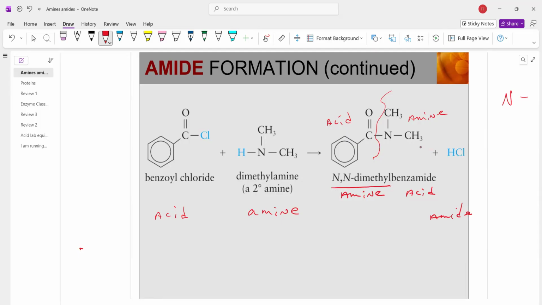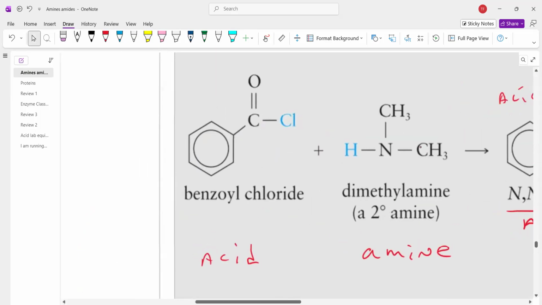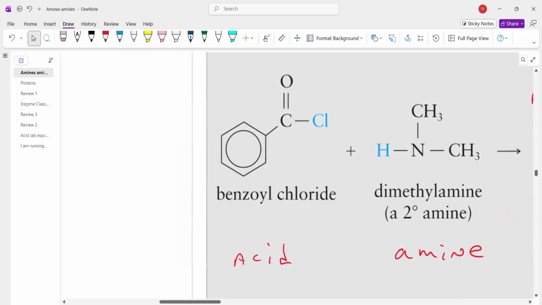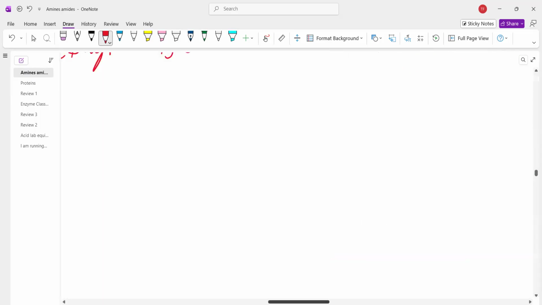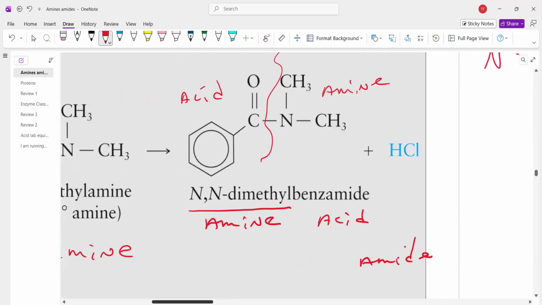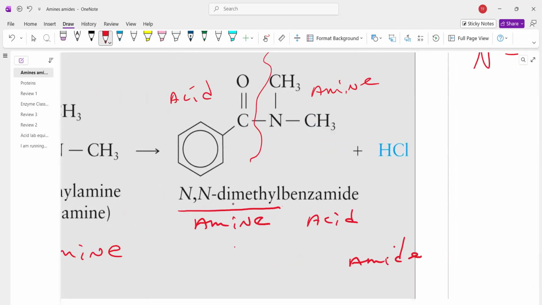However many there are needs to correspond with the number of N's.